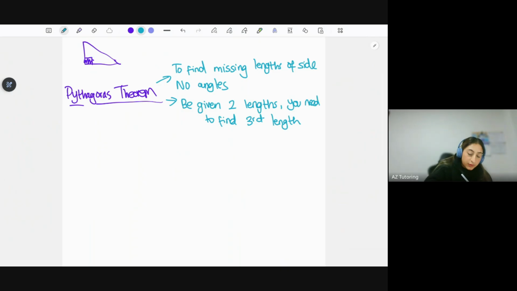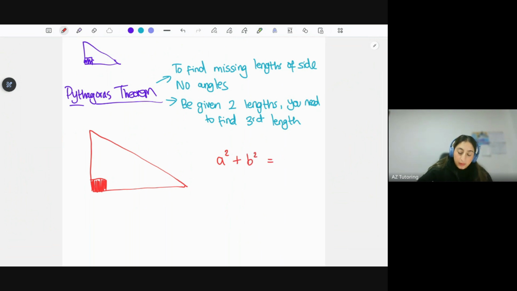So if I just draw a triangle out, there's my right angle triangle. Okay. So let's actually go on to what Pythagoras' theorem is. Pythagoras' theorem is a squared plus b squared equals c squared.